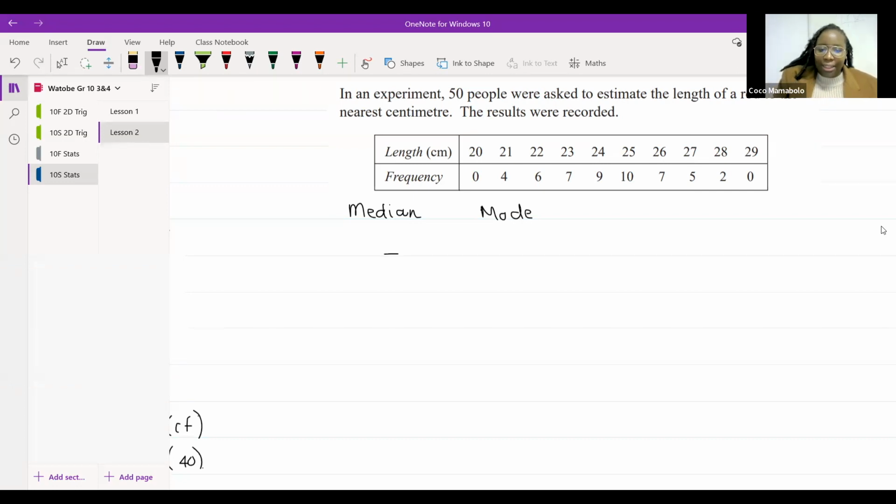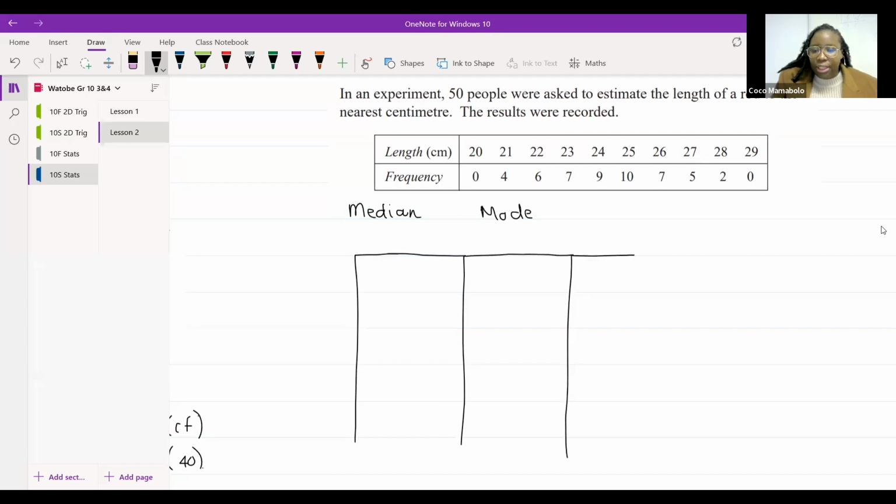Like I said, guys, I want it this way. All right, there we go, frequency and then cumulative frequency. Now, for these values, we're going to get actual answers. So this is going to be the length, and this is going to be the frequency, and this is going to be the cumulative frequency.